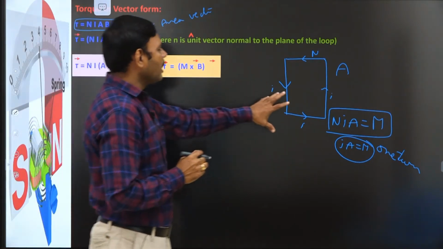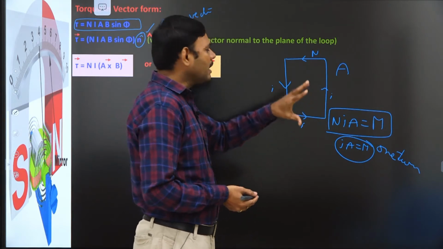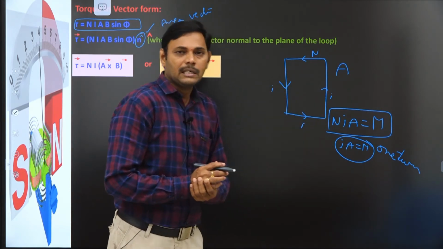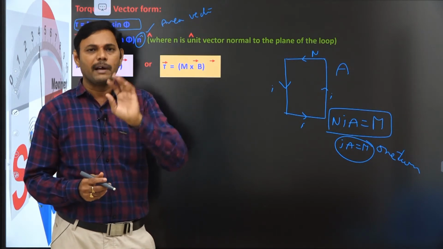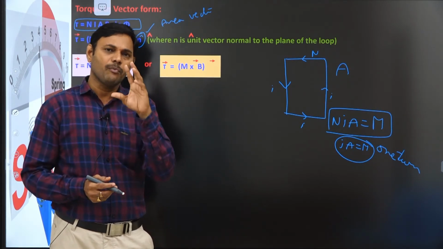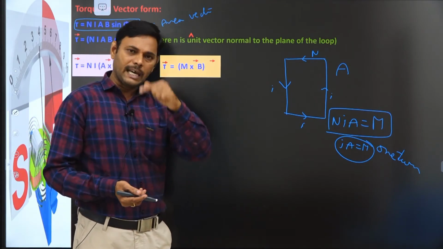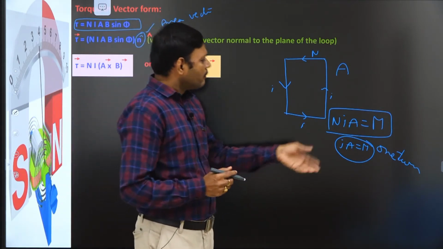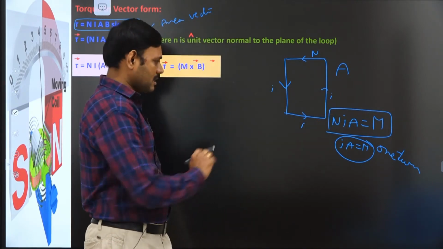This current carrying coil is equivalent to a bar magnet, students. Already we discussed this part in the magnetic field produced by a current carrying circular coil. We know this result, we are applying it now.